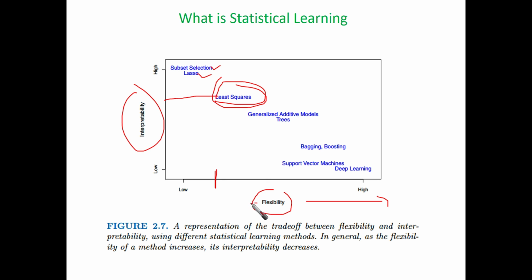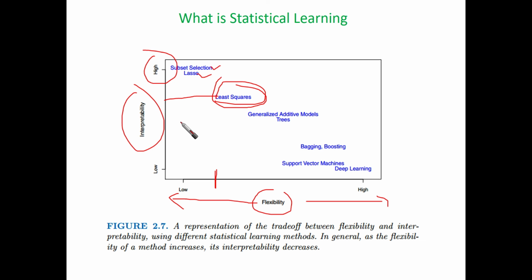These are not flexible, very rigid. Actually least squares is also not flexible, because it is a parametric method, and the parameters beta naught and beta 1 are determined, right? But we can further increase the rigidness and reduce the flexibility. We can reduce some dimensions, and then we come up with subset selection and the lasso method. Those are less flexible, but they have better interpretability.